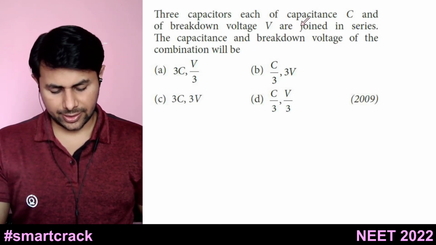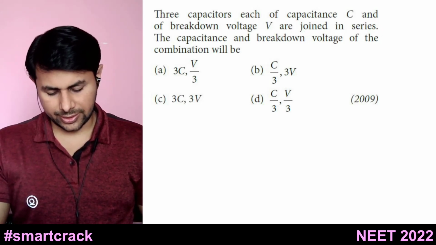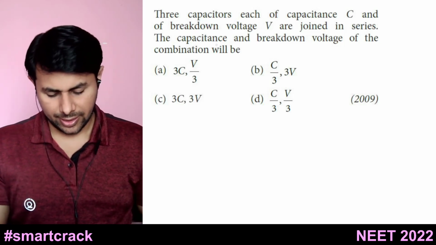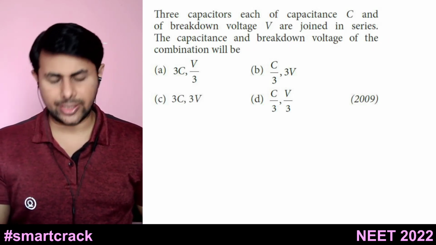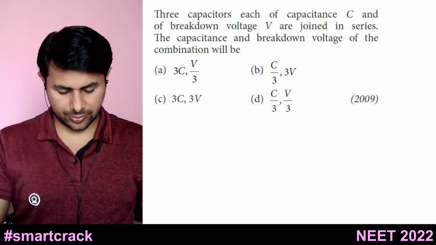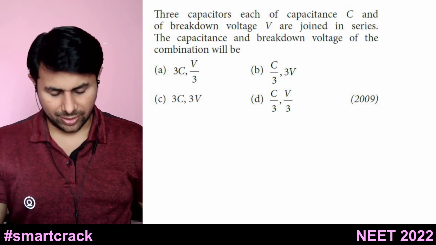Three capacitors, each of capacitance C and breakdown voltage V, are joined in series. Then the capacitance and breakdown voltage of the combination will be. This is a very simple question. What will be the capacitance in series combination?